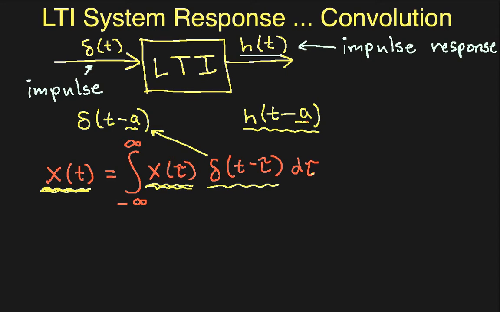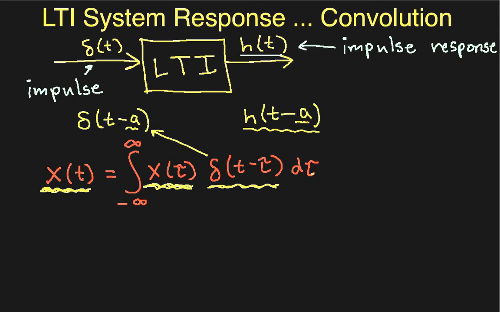And when I mean linear combination of delta functions, conceptually the idea is that an integral is the limit of a whole bunch of sums of things. And so in this case, I have the limit of the sums of delta functions times my input signal.